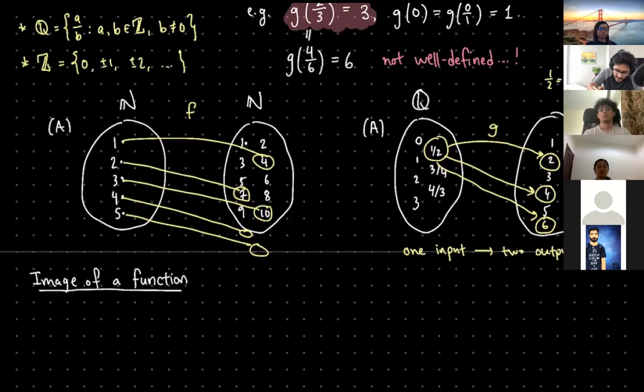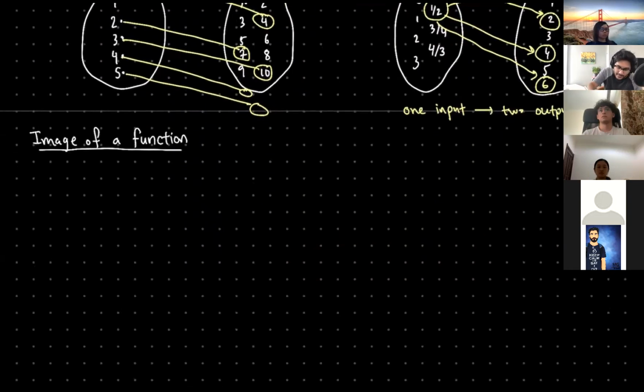So I should have said this is n maps to 3n plus 1, and this function was a over b maps to b, which was not well defined. Not every number in the codomain is associated to some input. That means this number is not in the range or the image. That's the terminology we use.